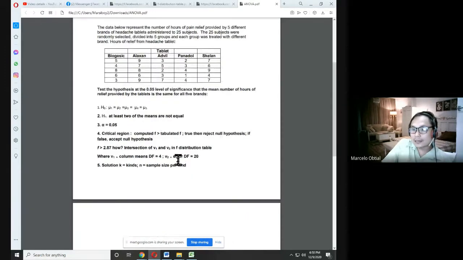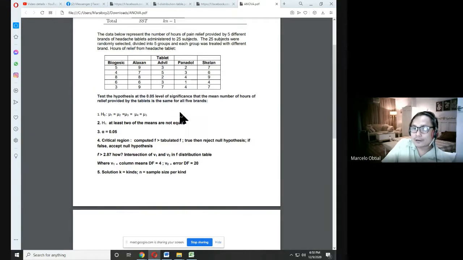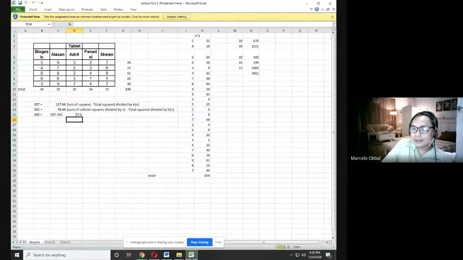That is why, yung degrees of freedom, DF, degrees of freedom sa error, or v sub 2 is equal to 20. Okay, hanapin natin later yung intersection ng 4 at saka 20 at 0.05 doon sa ating distribution table. Okay?